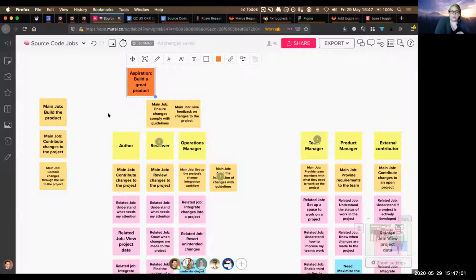So I would say contribute changes to the project. That's probably a user story because it's not a singular task. There are other tasks involved in that user story to achieve that action of contributing changes to the project. Let's see, there's related job in the middle column, integrate changes into a project.